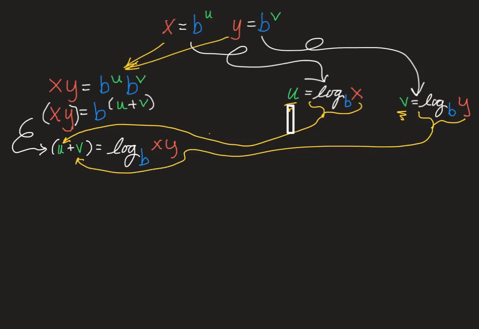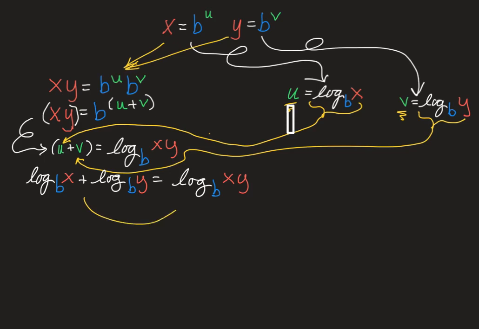Therefore, the left-hand side of this equation becomes the log base b of x plus the log base b of y, and that is equal to the log base b of xy. And that is the first property of logarithms that you need to know.